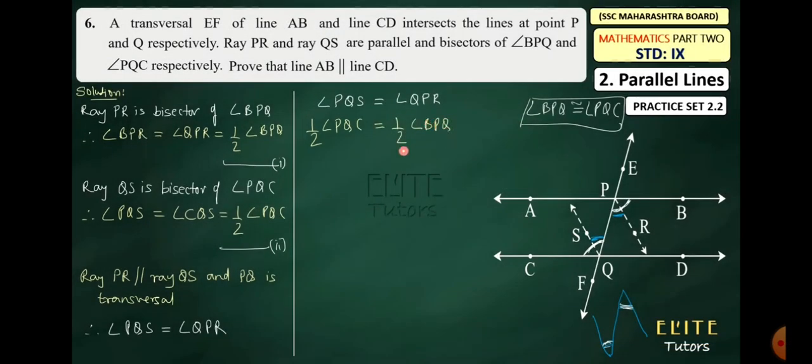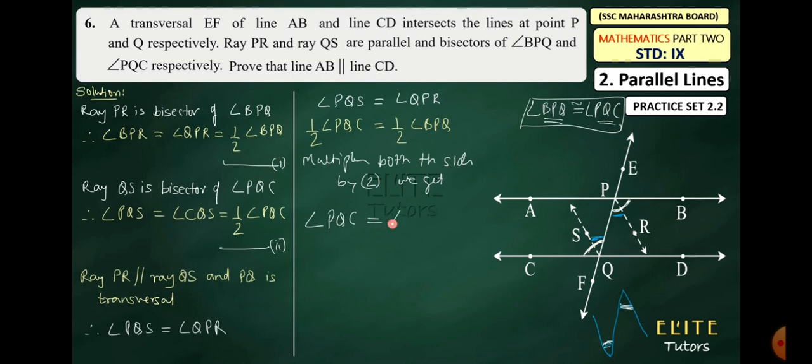If we remove the half from both sides, we get that these two angles are equal. So multiplying both sides by 2, the 2 gets cancelled, and we get PQC equals BPQ.